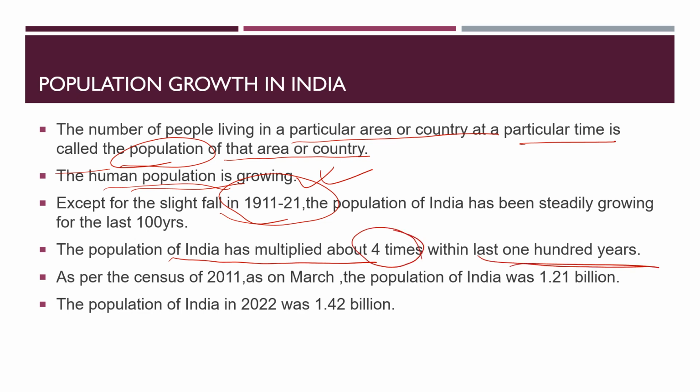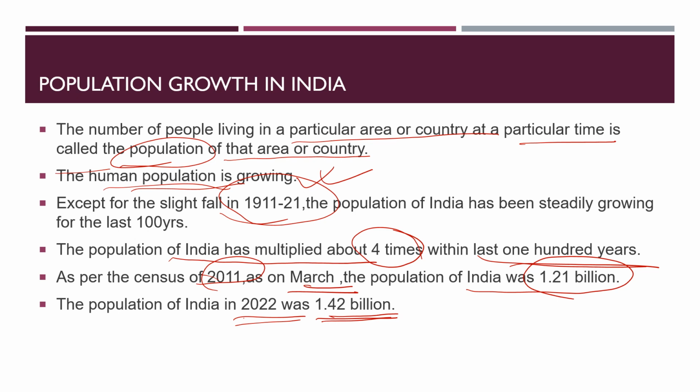As per the census in March 2011, the population was 1.21 billion. And as per last year's census, 2022, it was 1.42 billion. Is it clear? So it's growing fast.